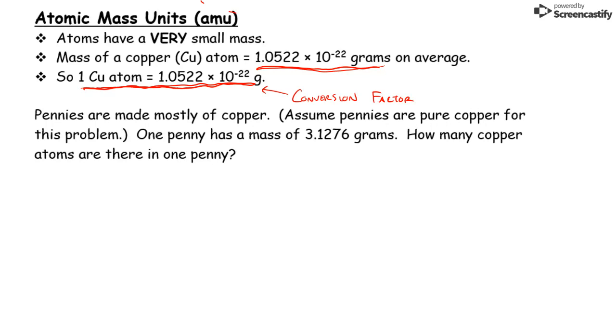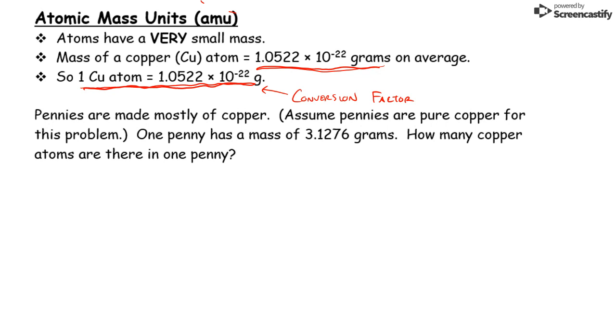And so our question is, pennies, which are made up of mostly copper, and that's true of definitely old pennies. It says that one penny has a mass of 3.1276 grams, and how many copper atoms are there in a single penny? Now, as we're starting off, do you think this is a big number or a little number?